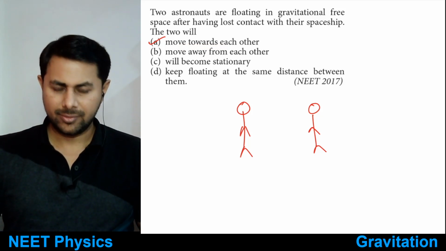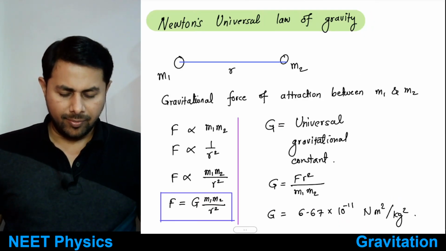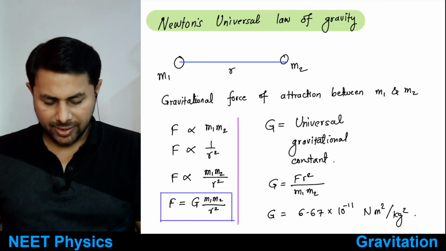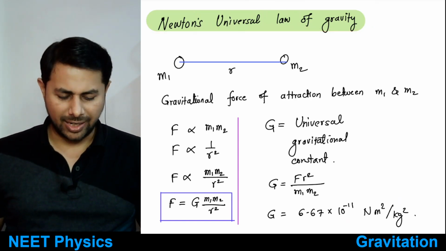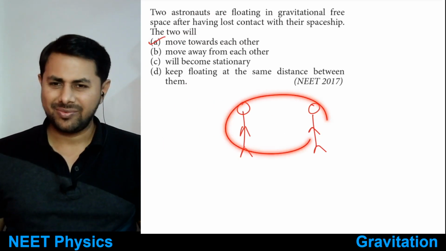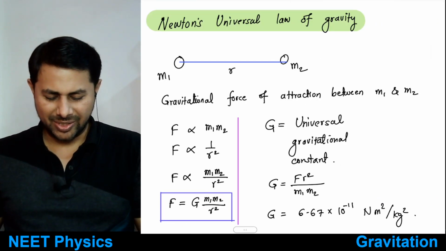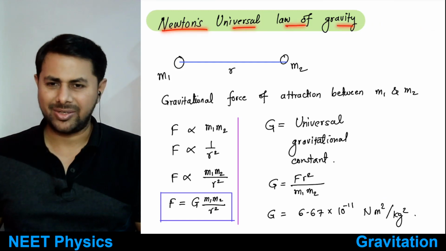Right? Good. Then next, let us see Newton's universal law of gravity. Actually this comes from the universal law of gravity. So what does Newton's universal law of gravity say?